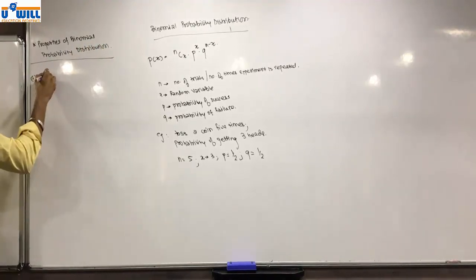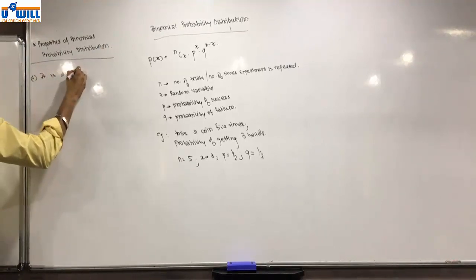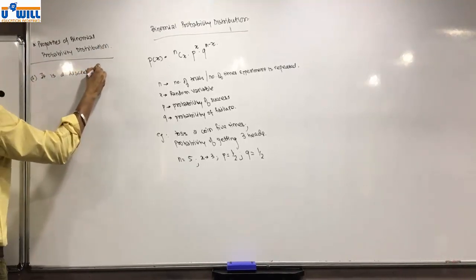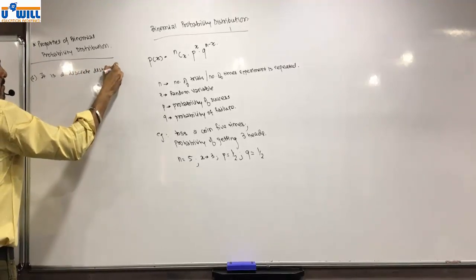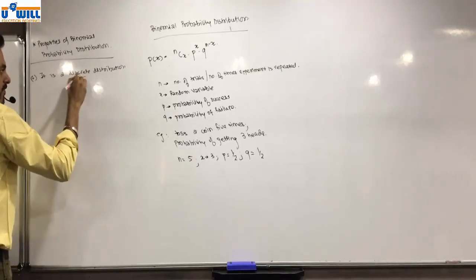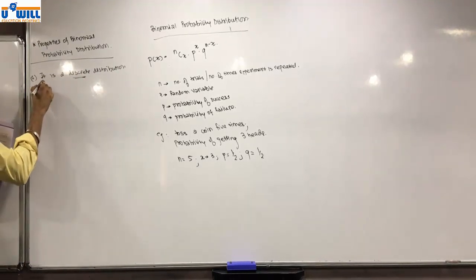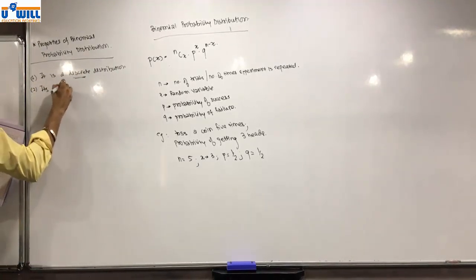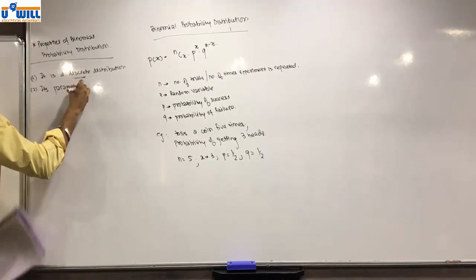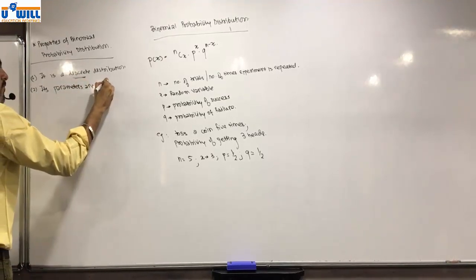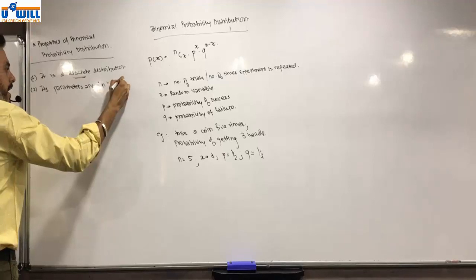First, it is a discrete distribution. Second, its parameters are small n and p.